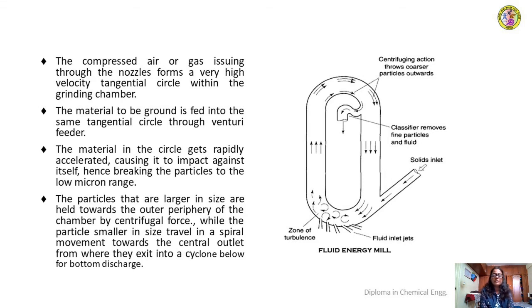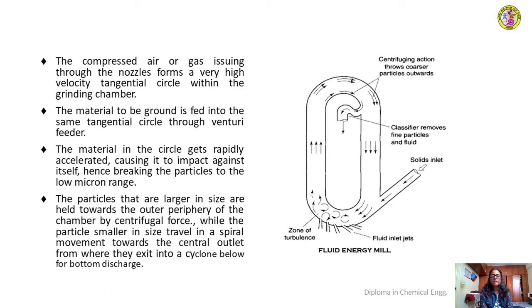The material in the circle gets rapidly accelerated, and due to this rapid movement the particles strike against each other, and attrition and impact results, by which the particle size gets reduced to lower micron size.